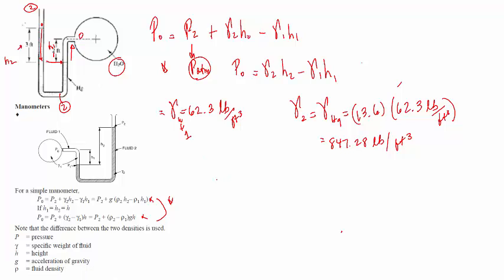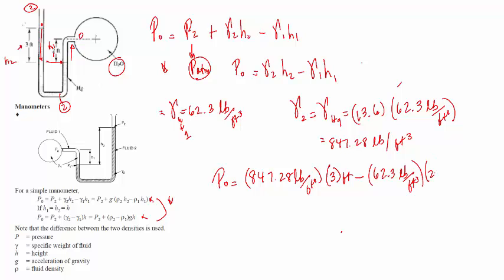So I have pressure at point 0 is going to be equal to 847.28 pounds per cubic feet times 3 feet minus 62.3 pounds per cubic feet times 2 feet.